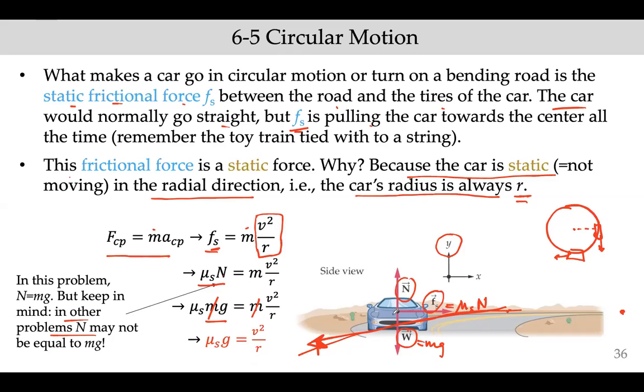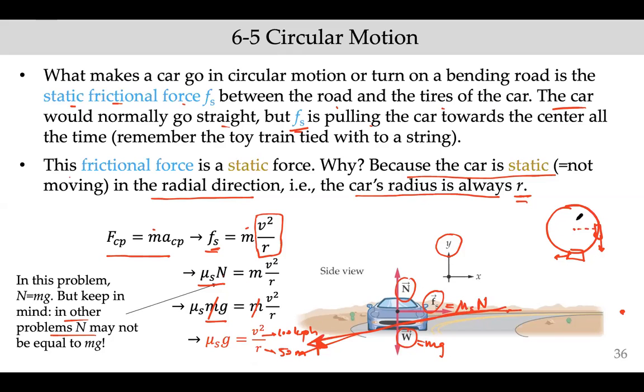So let's say you're going to design a road, and you want people to be able to take this turn on this bending road with some velocity, maybe 100 kilometers per hour, and maybe the radius is, let's say, 50 meters.